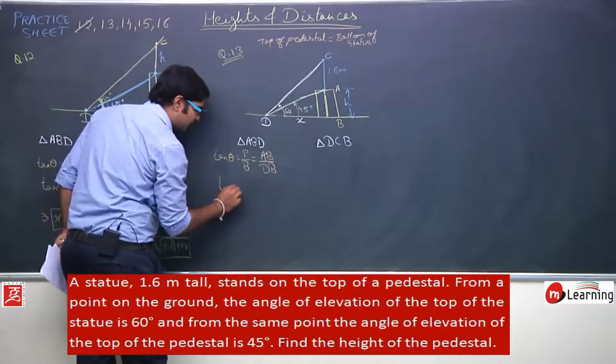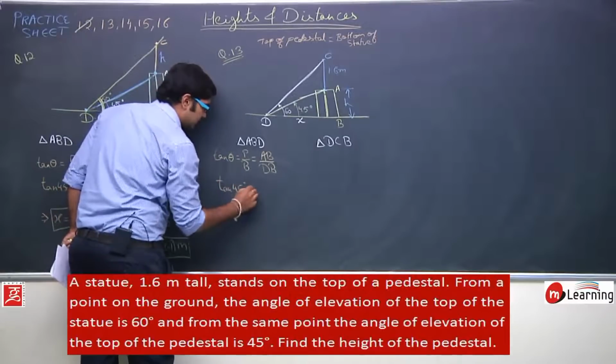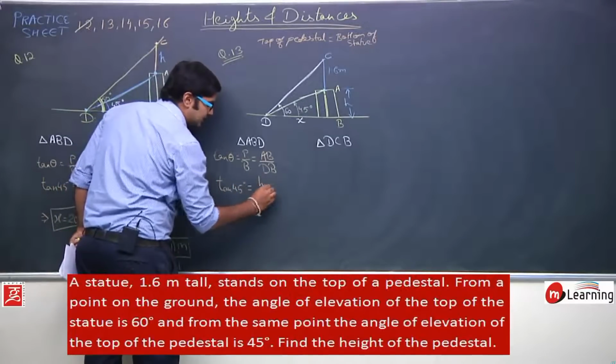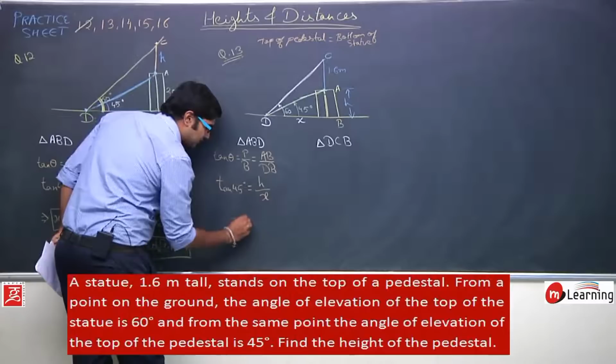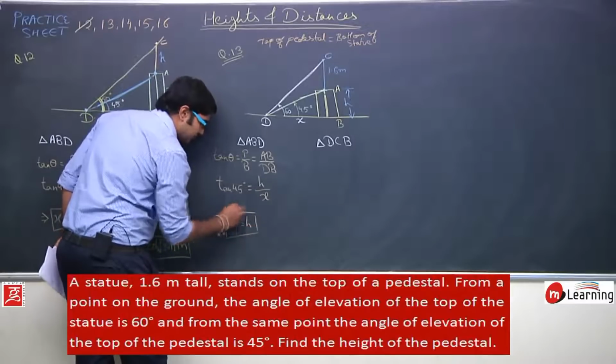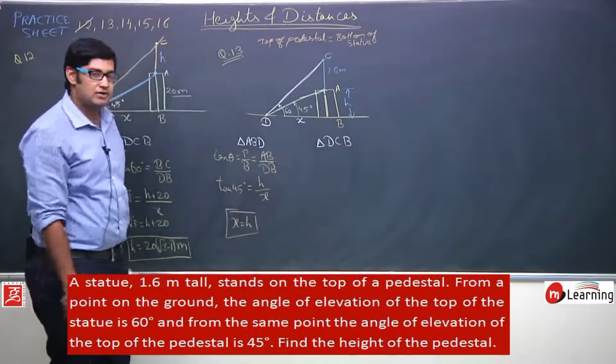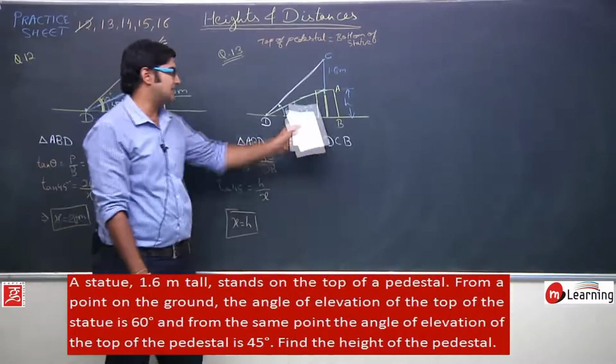So tan 45 degrees is equal to AB, which is h, upon DB, which is x. Tan 45 is 1, so you will get x equals h. This is a relation between the two unknowns, x and h.